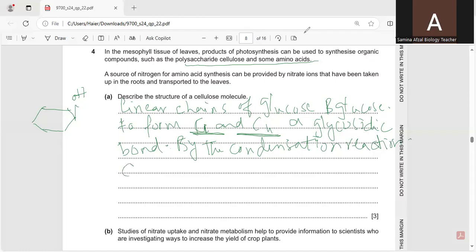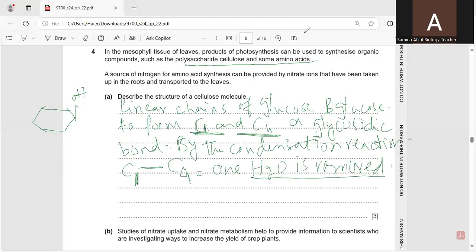So when there will be the glycosidic bond between C1 and C4, then one water molecule is removed. So on the formation of every bond, one water molecule is removed, and this process is called condensation reaction, and it is formed between carbon number 1 and carbon number 4.